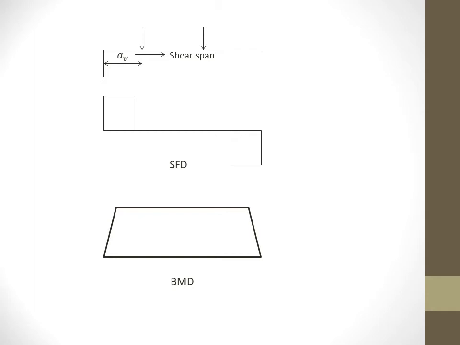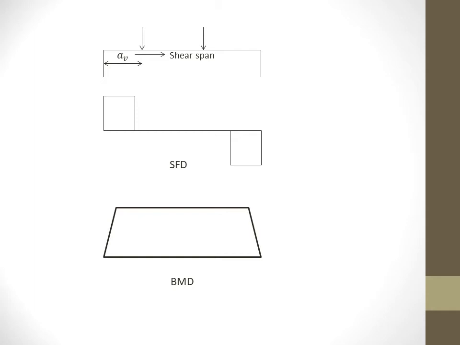Shear failure is a function of the ratio of av by d, where av is the shear span and d is the effective depth of the beam. This ratio, av by d, provides a measure of relative magnitude of the flexural stress and shear stress, and hence it enables a prediction of the mode of failure in the beam.